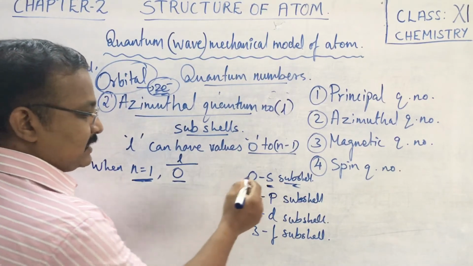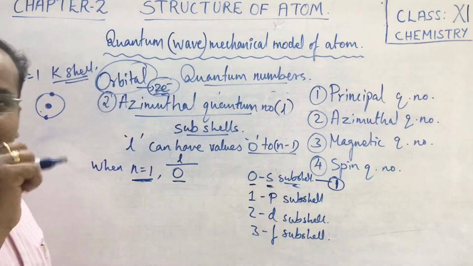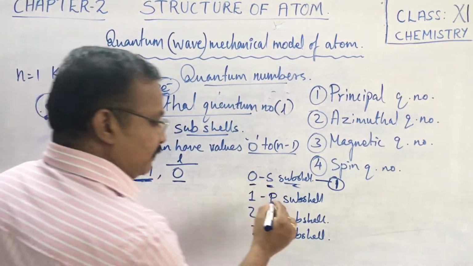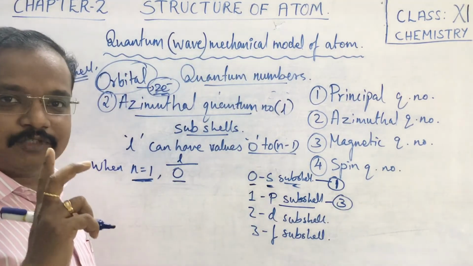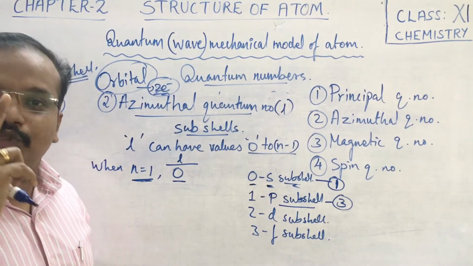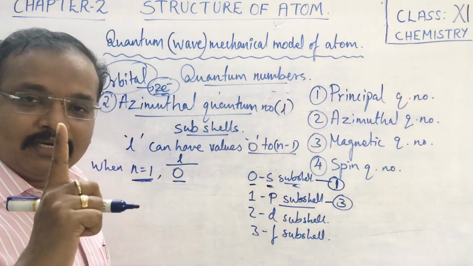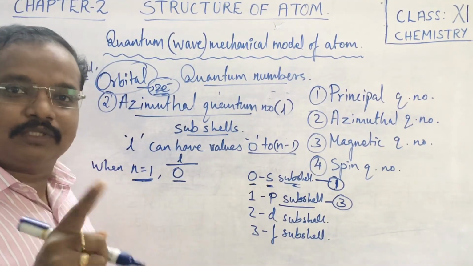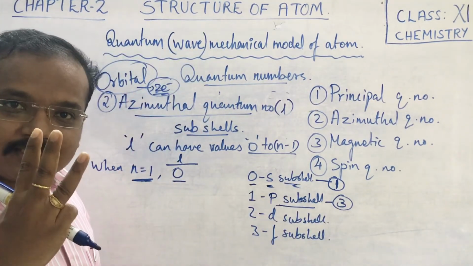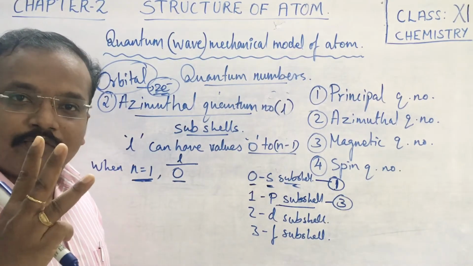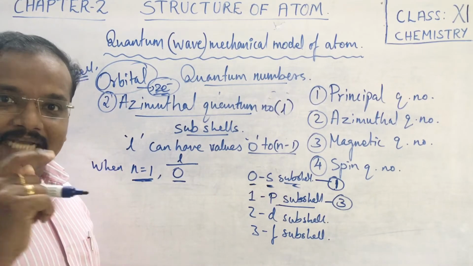The s subshell always has only 1 orbital, and the p subshell has 3 orbitals. Children, remember, in one orbital 2 electrons can be accommodated. So the s subshell has one orbital, so 2 electrons are present in it, and in the p subshell we have 3 orbitals, so 3 into 2 you have to multiply. The p subshell can accommodate a maximum of 6 electrons.